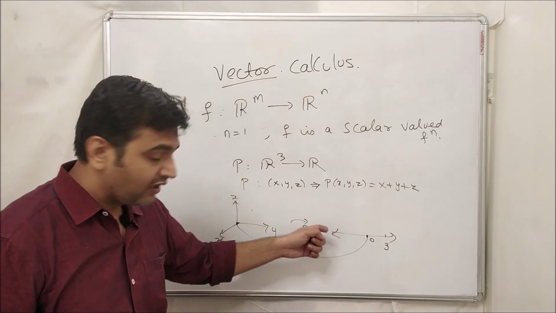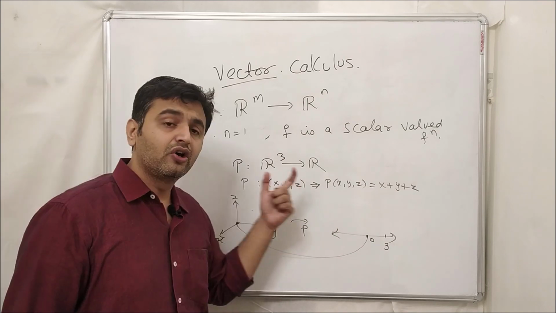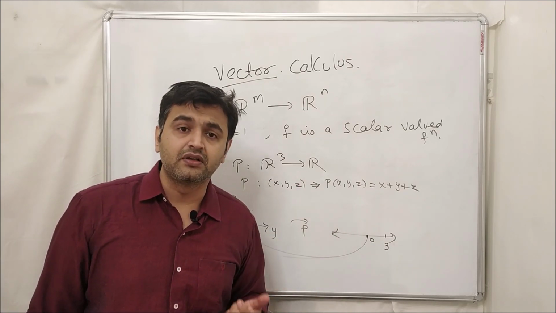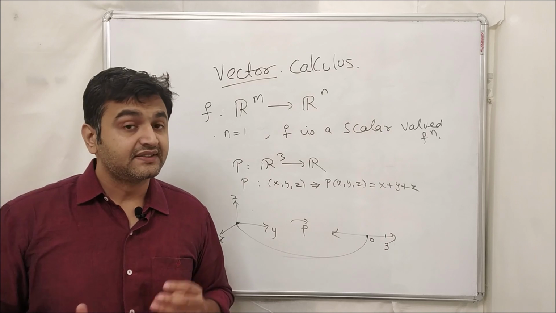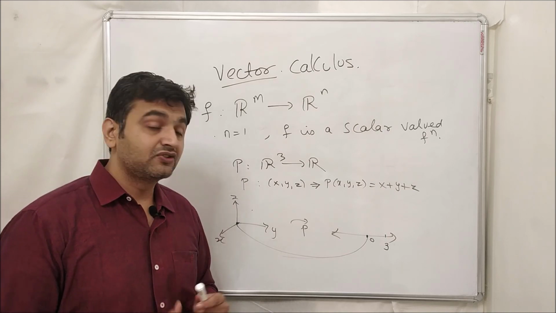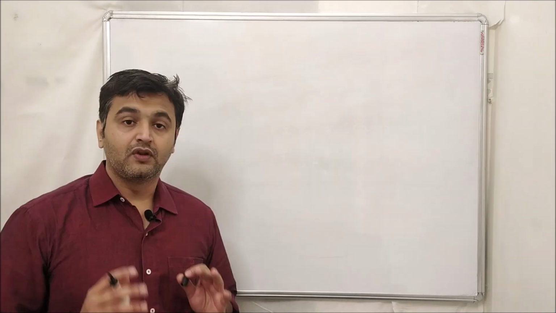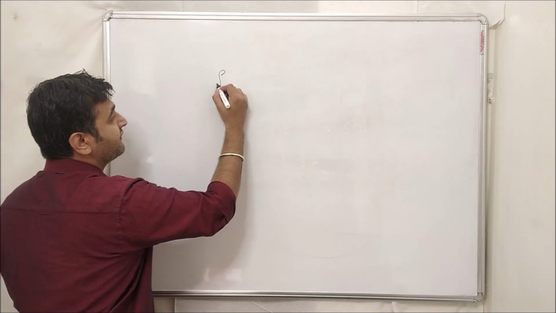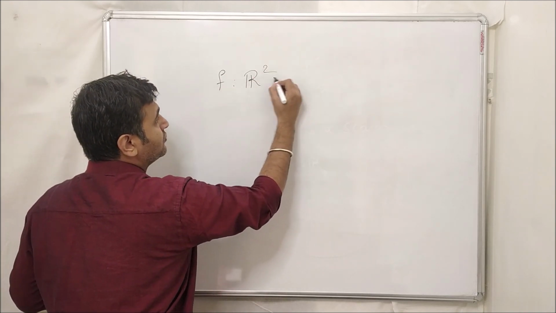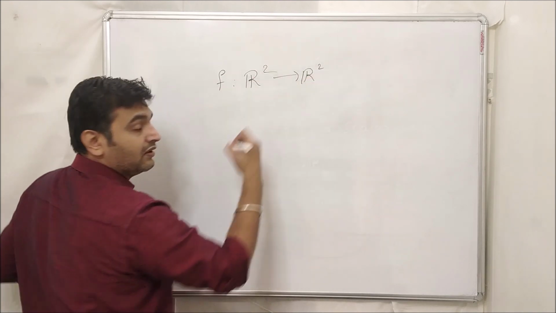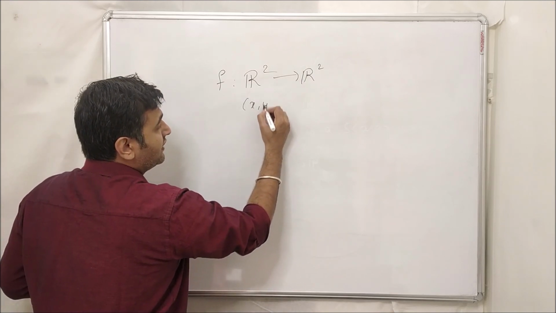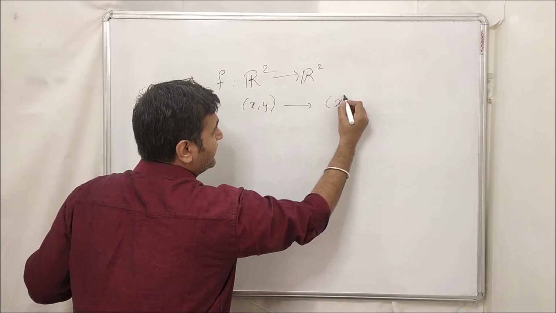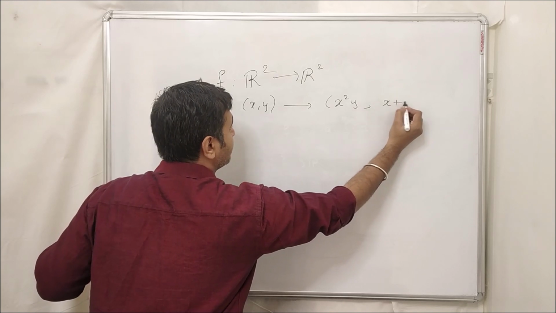So all this, pressure function, temperature function, or in general whenever the output is a number, we call such a function a scalar valued function. Now let's go to a vector valued function. Now what is a vector valued function? Suppose I take an example, say R2 to R2. Suppose your x comma y goes to x squared y comma x plus y.